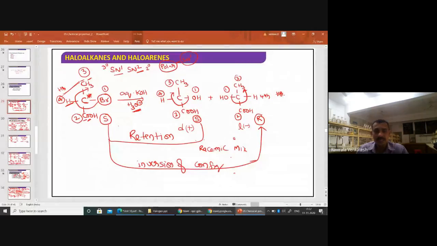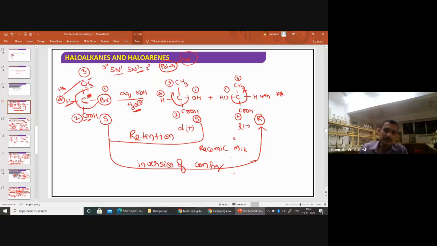But in the SN2 mechanism, we get the Walden inversion product. If the reactant has a chiral center, we get the Walden inversion product. Only one product, and that is inversion of configuration. Understood?